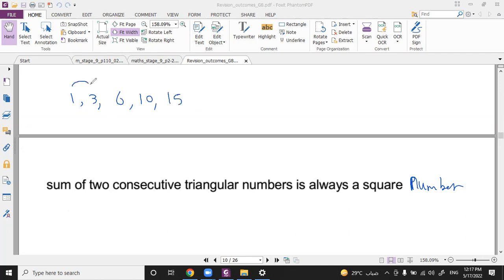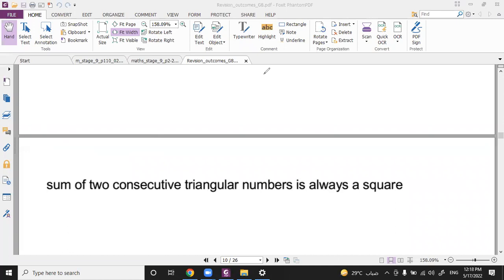When we add 1 plus 3, it equals 4. 4 is a square number. When we add 3 plus 6, 9. 9 is a square number. When we add 6 plus 10, it's 16. And 16 is a square number. When we add 10 plus 15, it's 25. And 25 is a square number.